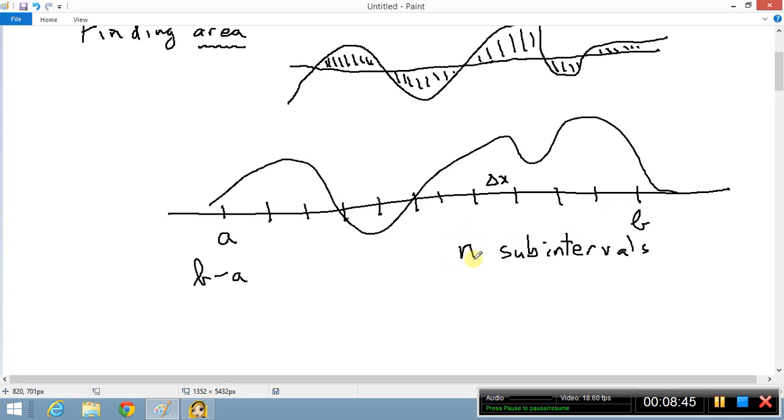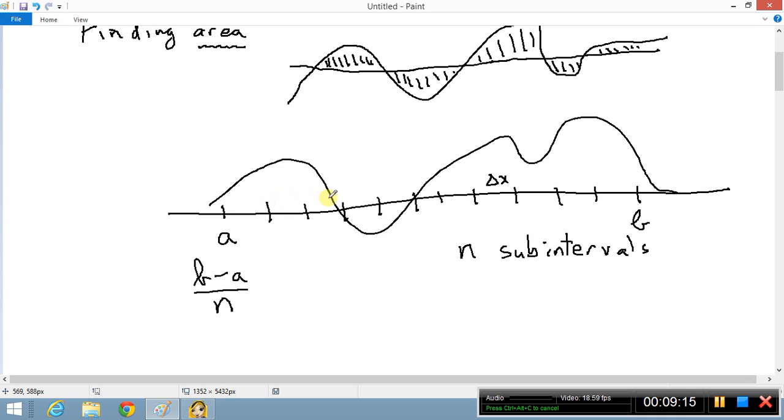And if I'm dividing it into n subintervals, then each subinterval is that big: b minus a over n, the whole length divided by however many of them I've got. So for example, if a is 0 and b is 10, then the whole interval is 10 units long, and if I'm dividing it into 50 subintervals, then it would be 10 divided by 50, and each one would be 1/5 of a unit long.